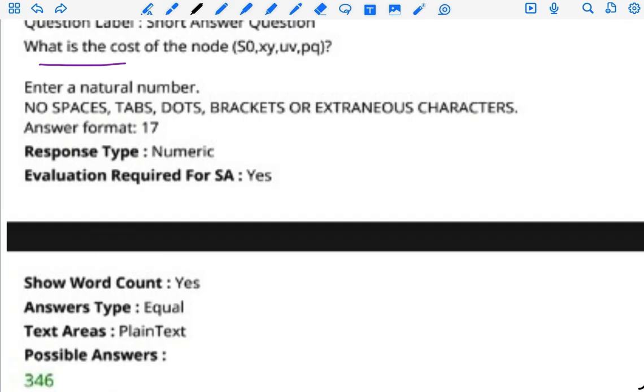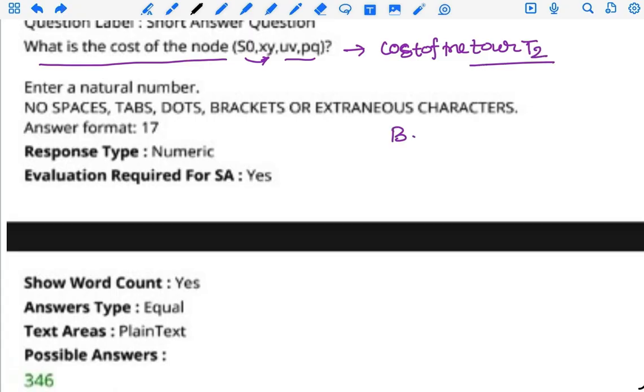Is the cost of the node S0, which is XY. S0 both are same, right? UV comma PQ. What is the cost of the node? That is the cost of the tour. So the cost of the tour 2. So BD. So after DA, right? This one is 50, this one is 40.